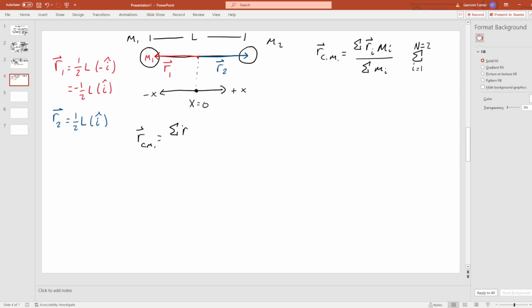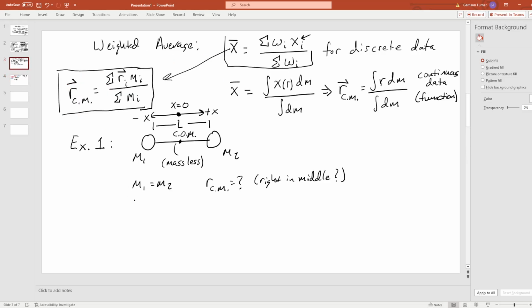the sum of Ri Mi divided by the sum of Mi. When I equals 1, this is my first lever arm, R1, or 1/2 L in the negative I direction, times M1. But remember that our masses are equal in this case, so I'm just going to let each of these equal M. Okay.